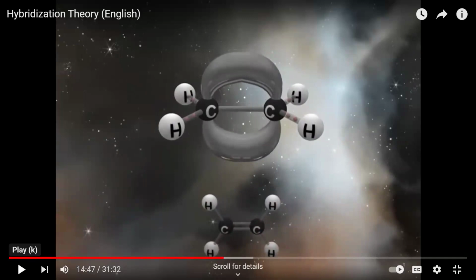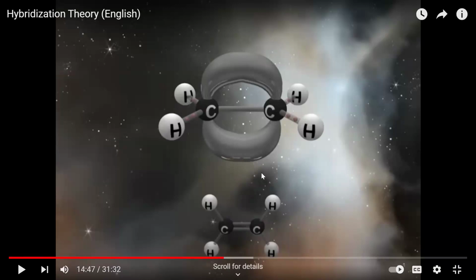Whoa, whoa, whoa. How do you get a double bond? If you have a double bond, one of them is going to be sigma, one of them is going to be pi. How do you get a pi bond? Unhybridized parallel p orbitals, right? Those orbitals here started out in what we would call the y plane, correct?